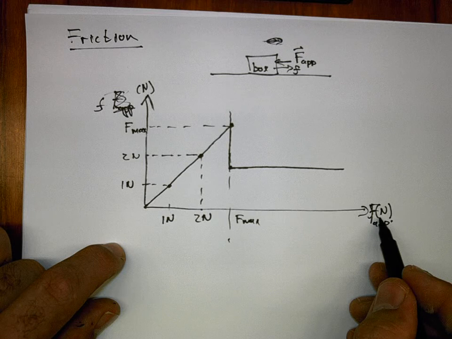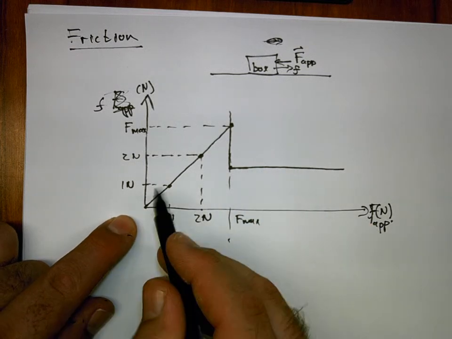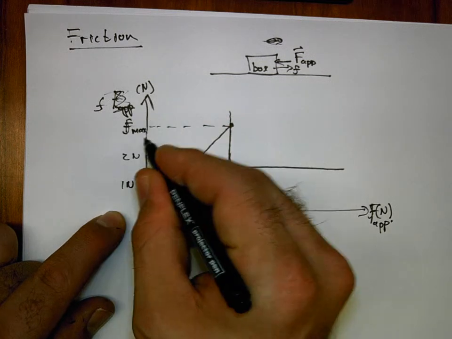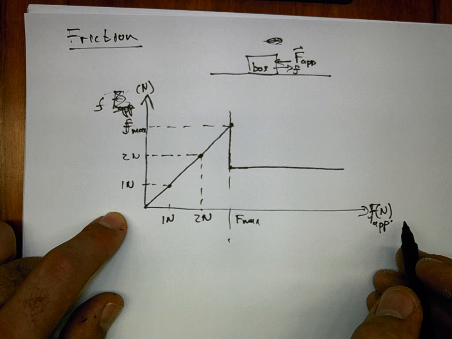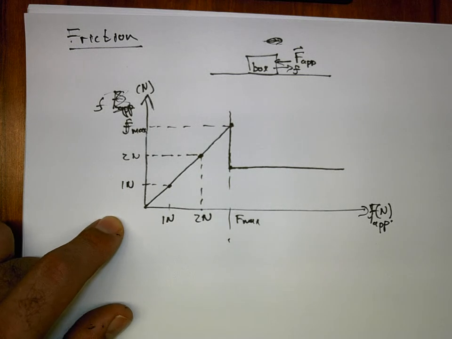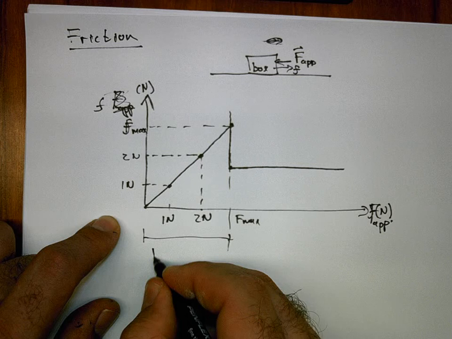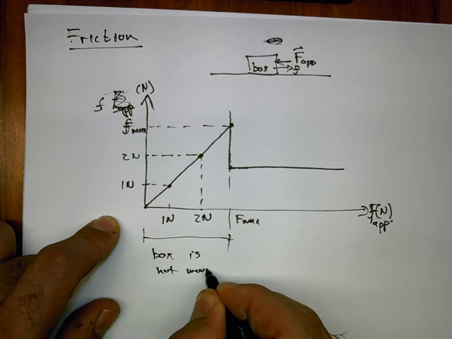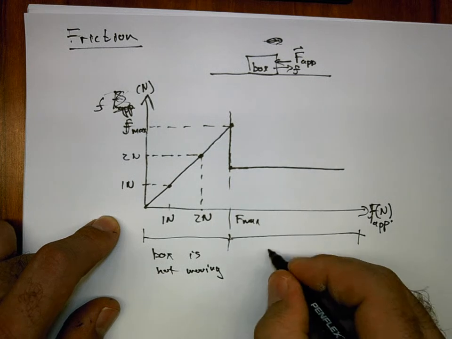Because the force that I'm applying is the one that's increasing, so it becomes larger and larger, and it is matched by the force of friction up to a point, and then the box is moving. So just the axes were swapped around. So over here, we say the box is not moving. And over here, we've got that the box is moving.